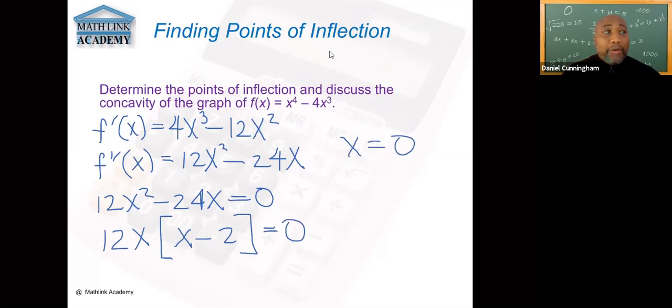That's from that 12x equals 0. And we're going to have x equal to a positive 2. Those are our points of inflection right there, 0 and 2. And we're going to see the concavity first, and then write the points of inflection second. So let's go to our whiteboard to show you how to do the remaining part of this problem.